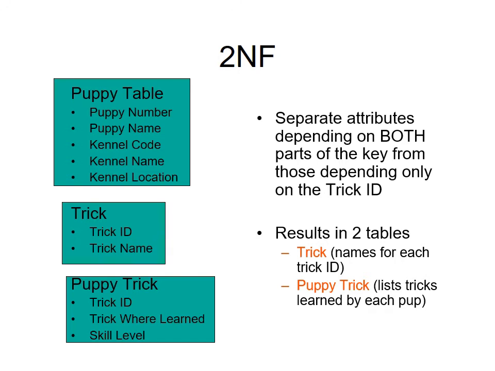What we start to do though is separate out those depending only on the trick ID. So we're always looking at the tables, or excuse me, the entities. We're always trying to understand what these dependencies are, what the partial dependencies are. It's an iterative process. You keep on scrubbing your entities until you break them down. So we now see these two new tables.